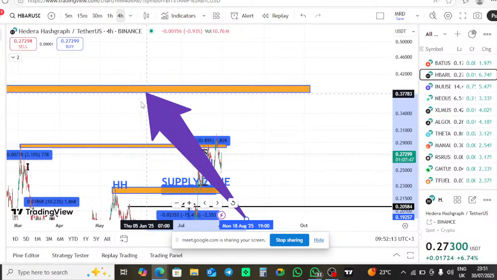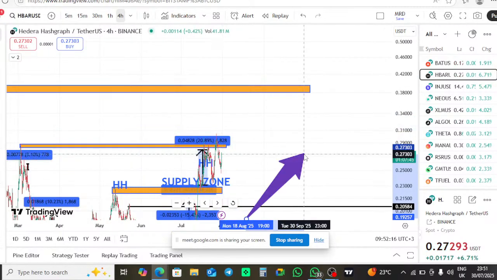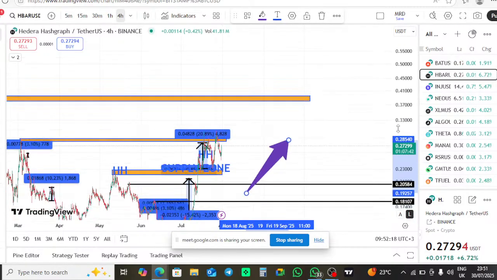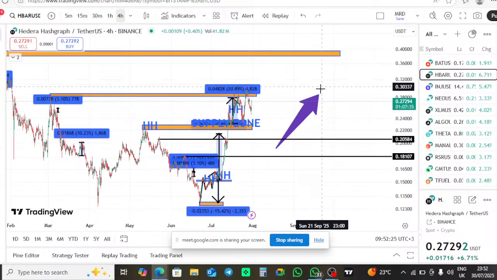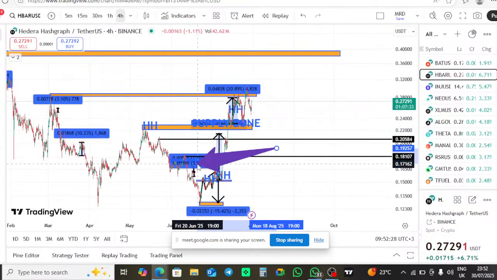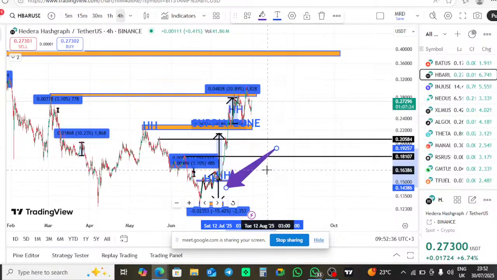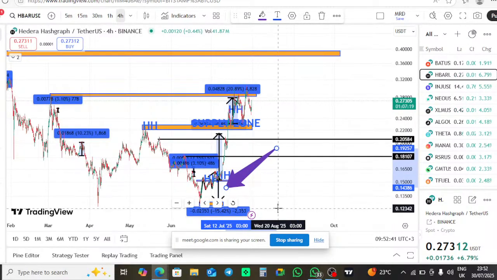All these points are supply levels, or you can call them resistance. But you have to break them one by one, slowly. If there are many from here, and the demand zone is nearby, automatically you can now focus that the first 2 resistances, we have to break them.